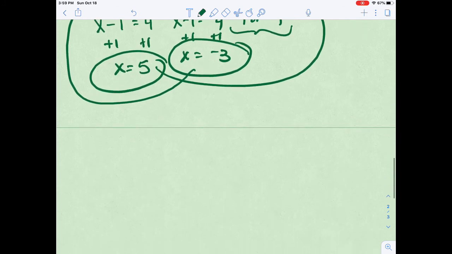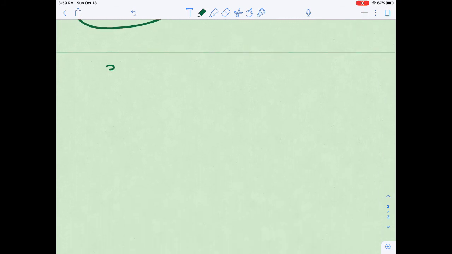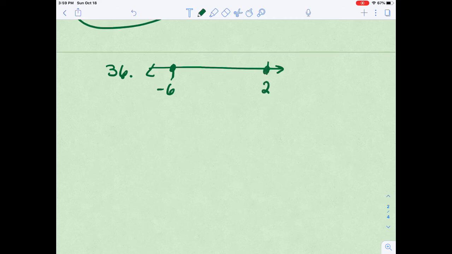Let's follow that and do number 36. I see a number line, and I've got a dot on -6, and a 2. And so what I'm going to do is look for the middle of that. So from -6 to 2 is 8 spaces.